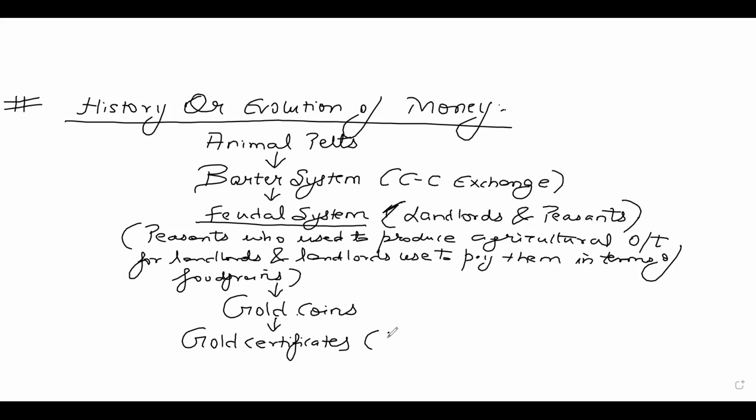Now, gold certificates were pieces of paper redeemable for gold. I don't know, my spelling of redeemable might be wrong, but you understand this: pieces of paper redeemable for gold. That means gold certificates were pieces of paper which were issued by the goldsmiths.